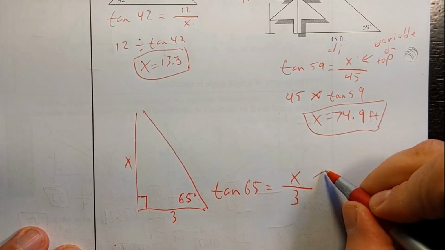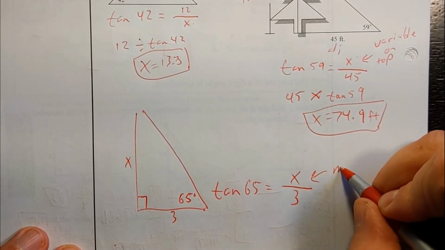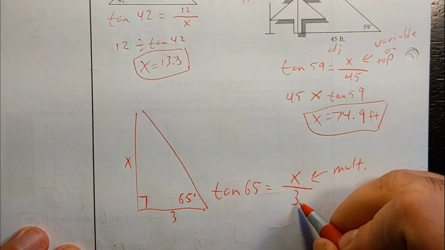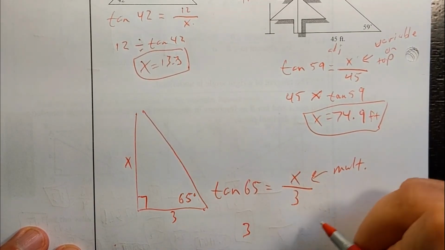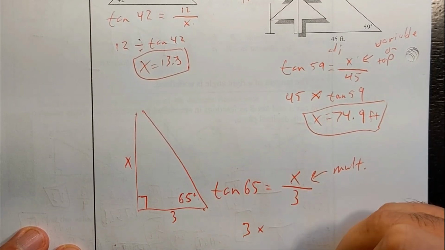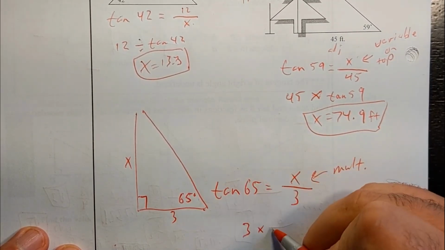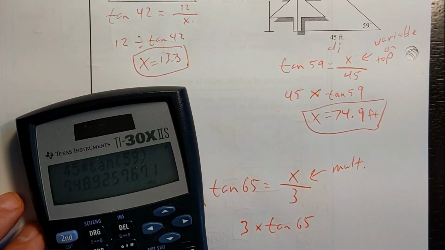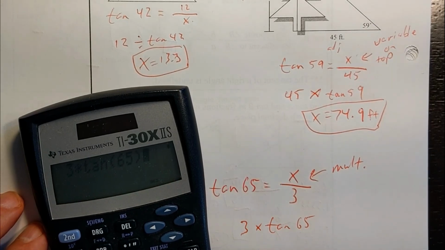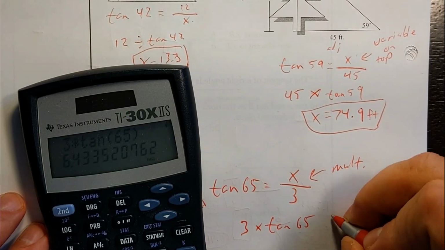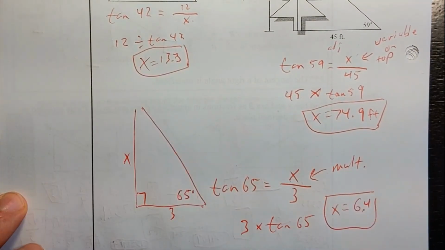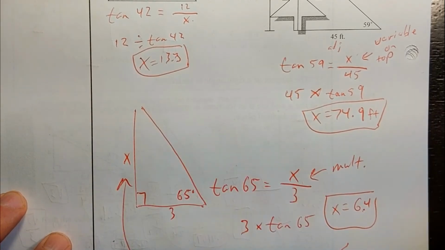Because the x is on the top, this is what tells me that I'm going to be multiplying instead of dividing. So when I set up my problem, the number from the fraction goes first. Then, because the x is on top, I'm multiplying. And then the trig function, tangent of 65, goes at the end. So I go 3 times tangent 65. And then it gives me 6.4. So x is 6.4. So this would be my answer to this extra example.